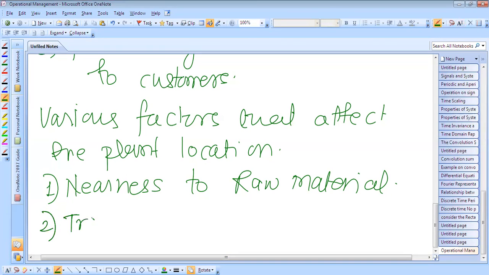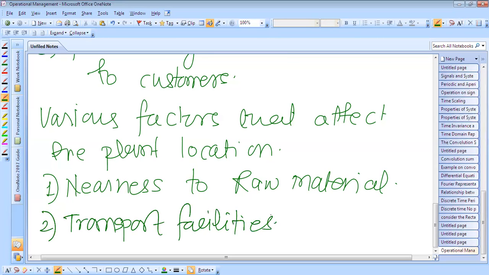Then next is the transport facilities. A lot of money is spent in both bringing the raw material as well as the finished goods.